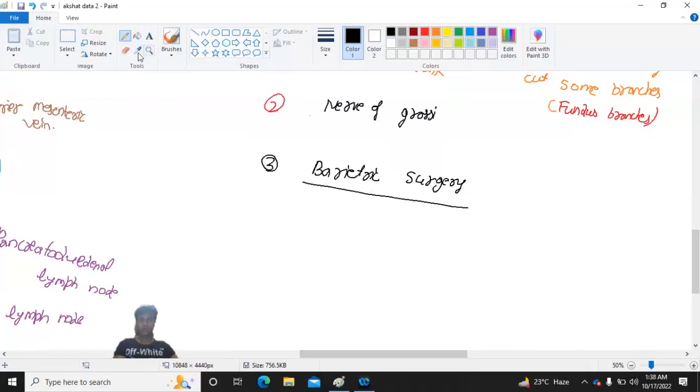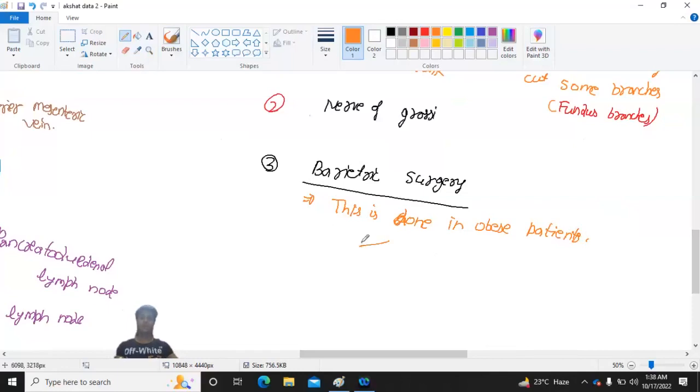This is done in obese patients. How? There are two types.